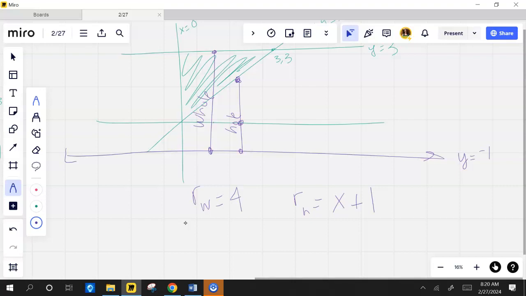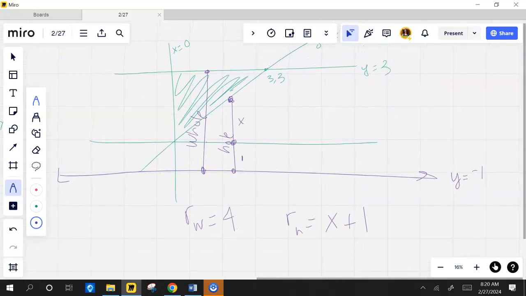Well, this time I just want the white space. So from here down to the line I'm revolving around. So this distance is x. Do you agree with that? 4 minus x is going to give you this space.